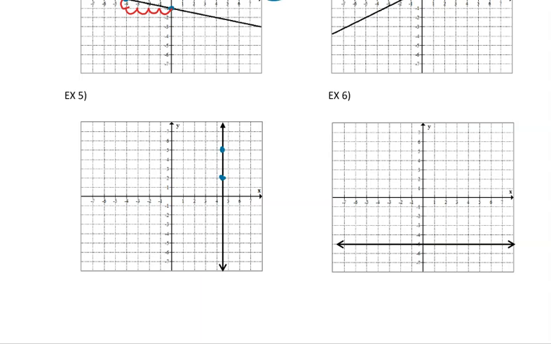So let's say I'm going from bottom to top. I would have to go up 1, 2, 3 to get to the next point. But how far would I need to go over? Well, it's already on the point. So I would go over 0. This right here is a problem.